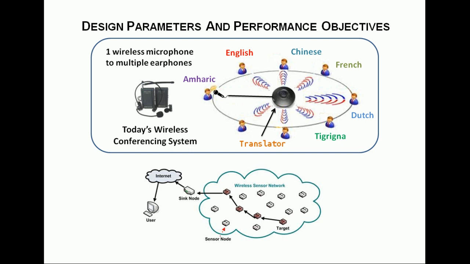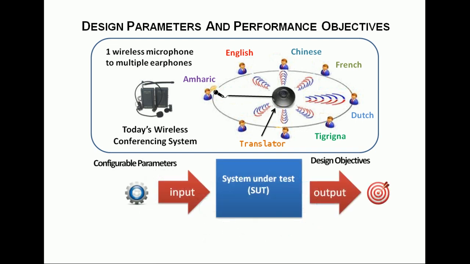So, such and other applications require tuning of a number of parameters to get the optimum settings. If we look at the wireless conferencing system, for example, possible design parameters could be transmission power, transmission channel, data bitrate, modulation type, and others.